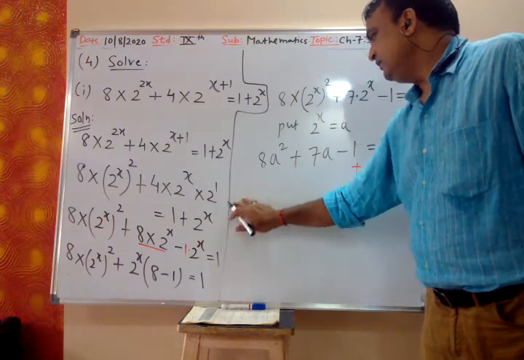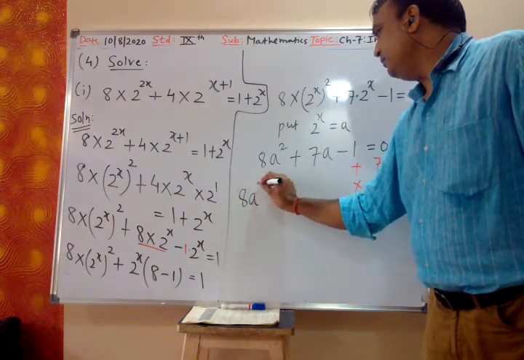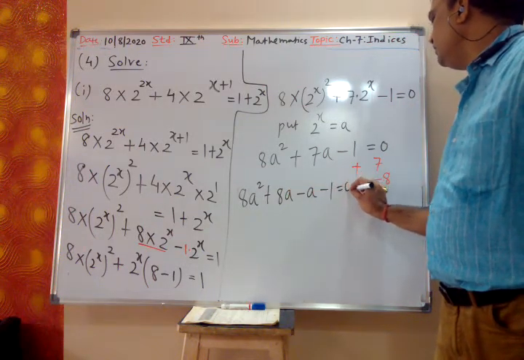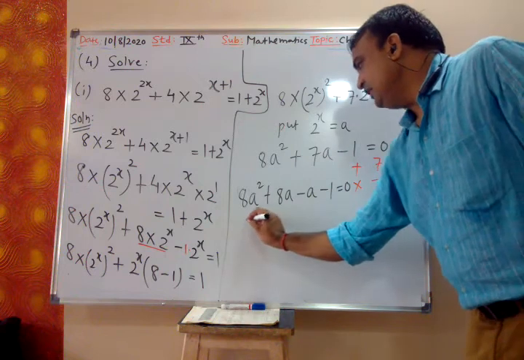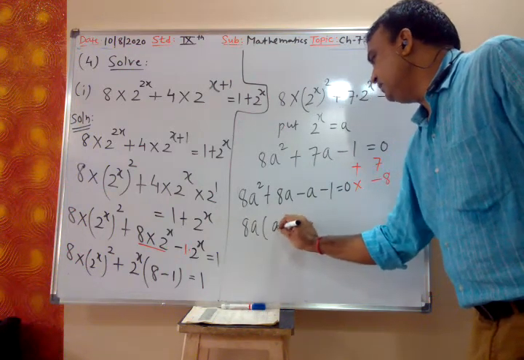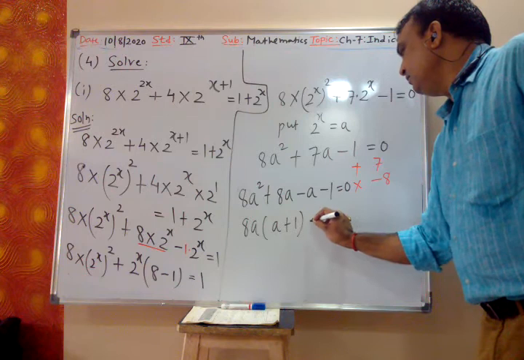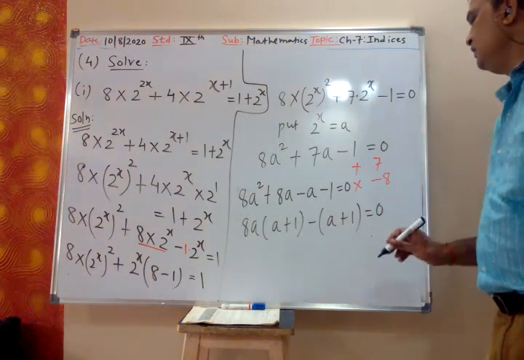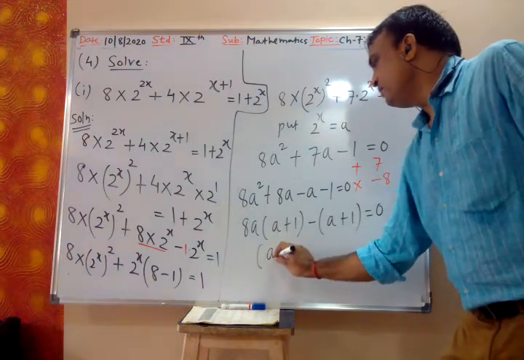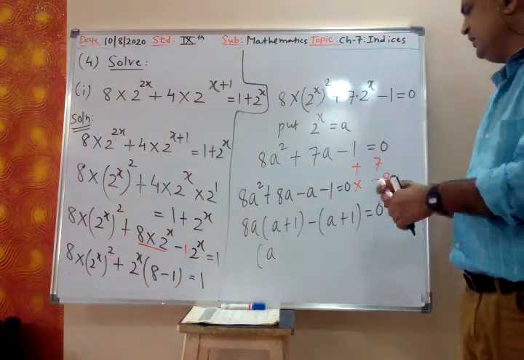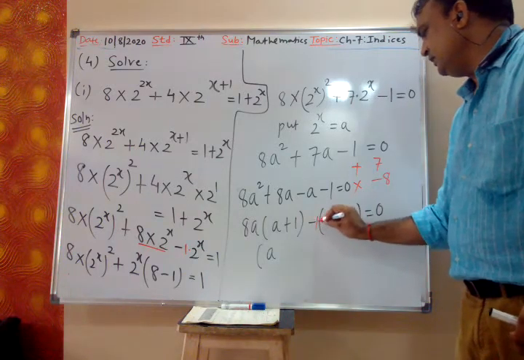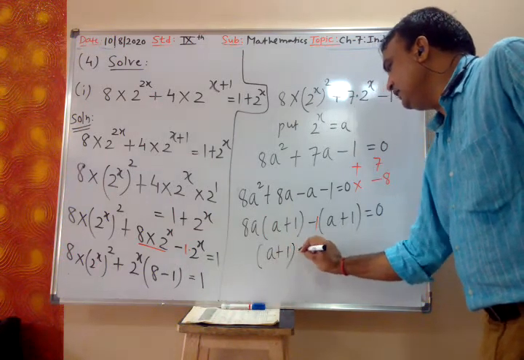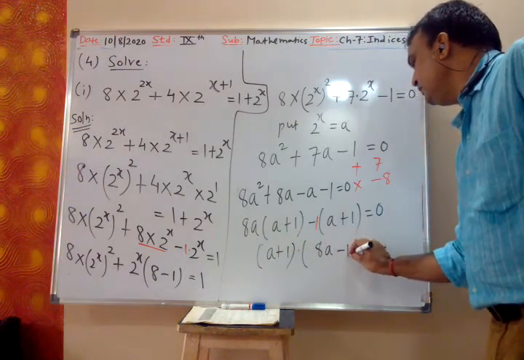So 8a square plus 8a minus a minus 1 is equal to 0. So 8a is common, then it is a plus 1, minus a plus 1 is equal to 0. Now a plus 1 is common. So a plus 1, then it is 8a minus 1 is equal to 0.